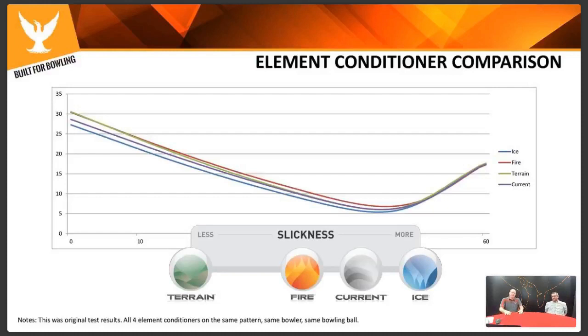And then finally, backing up with terrain, this is our newest product, and this is going to be our hookiest or highest friction product, if you will. The cool thing about terrain is it tends to be very, very durable, even on high friction surfaces. So we tend to use one of these four products in probably 99% of the events that we do.